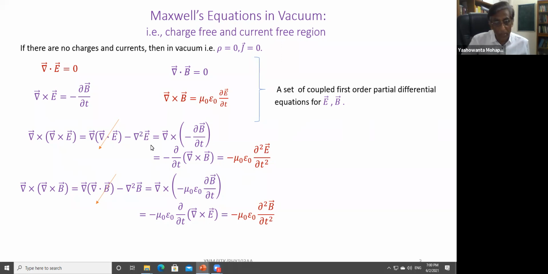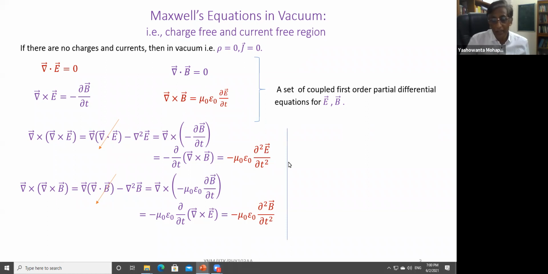What has survived is del square E and terms of second order in time for E, and del square B, what survives is second order in B. So by doing this, we have decoupled the first order differential equations. This was a first order equation. In decoupling, we pay the price of making it a second order differential equation.